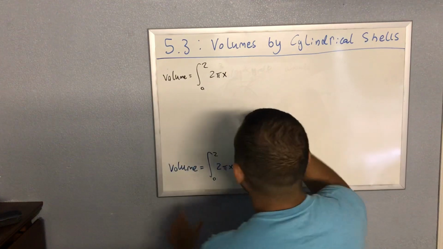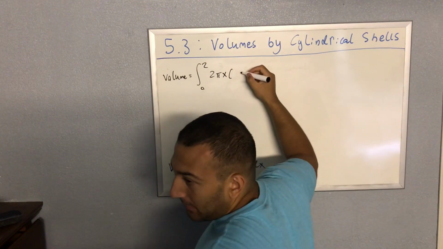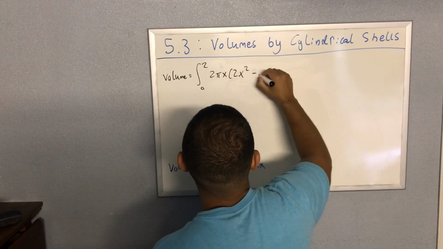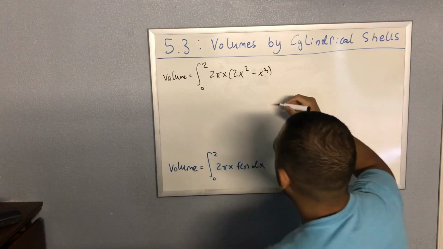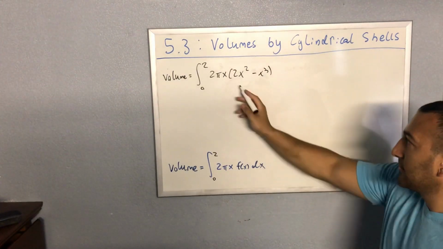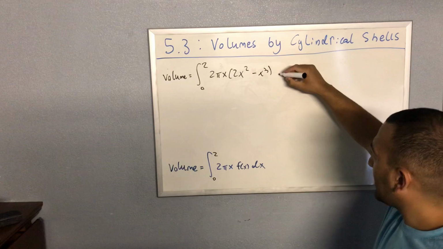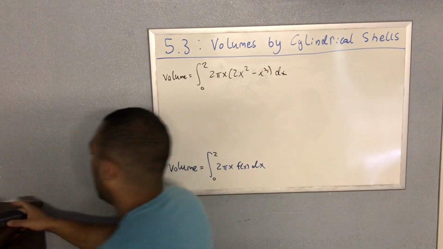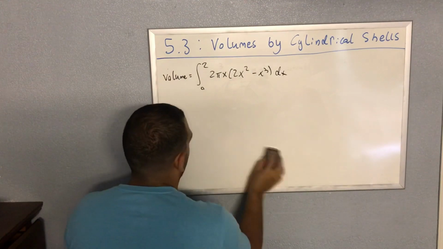It was 2x squared minus x cubed. So 2 pi x times 2x squared minus x cubed, and then dx is what we have.